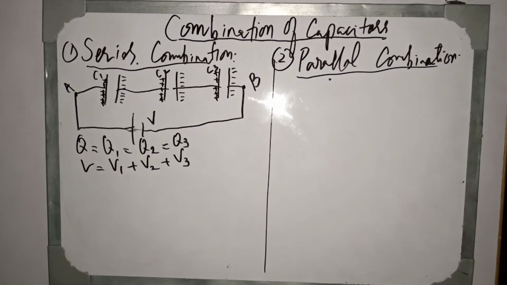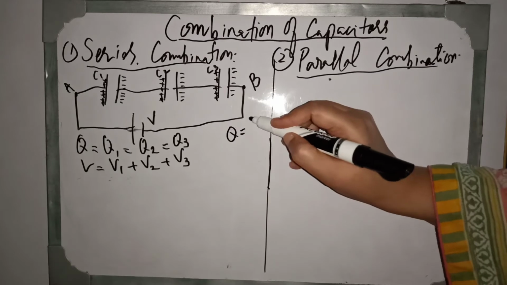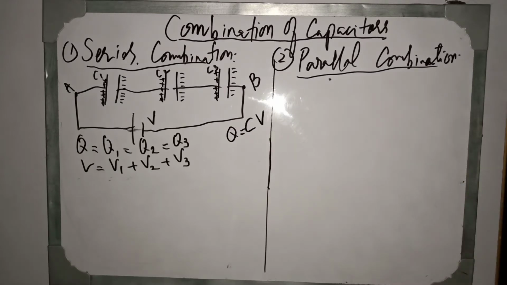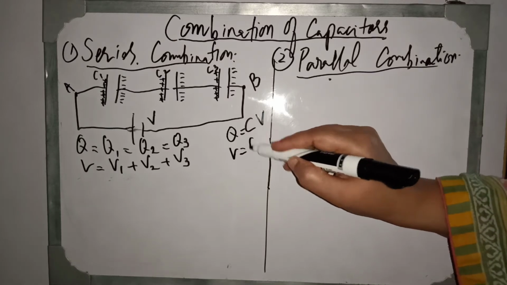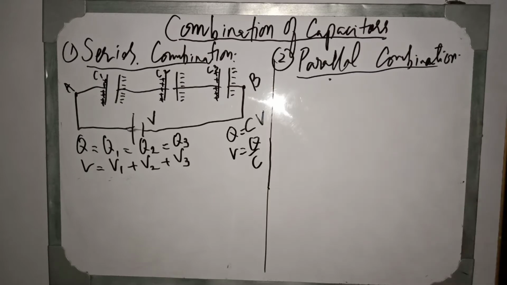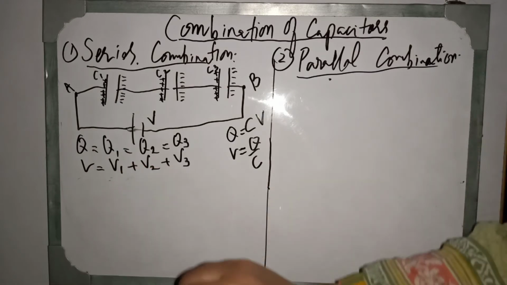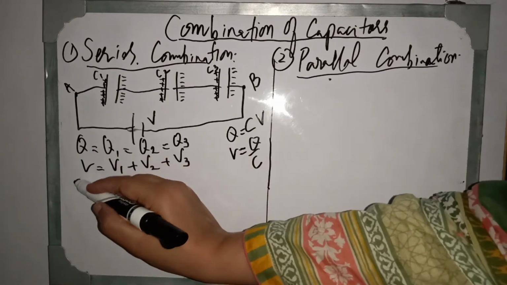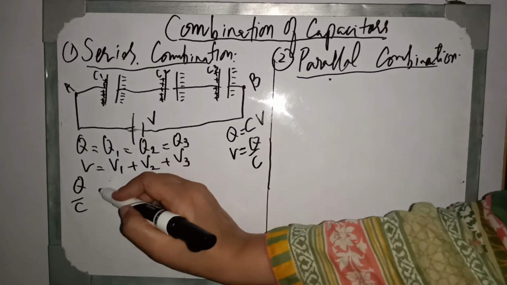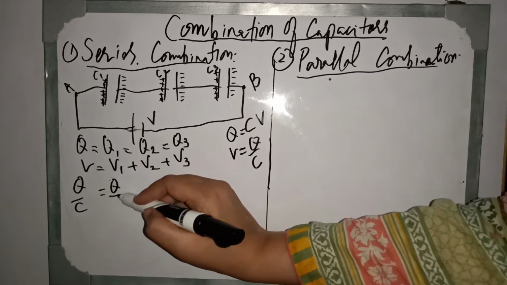And we will use here the equation of capacitor, that is Q equals CV. If Q equals CV, definitely V equals Q divided by C. By using this equation, V equals Q over C, we can get the value of all these potentials. This potential V1 is equal to Q over C1.